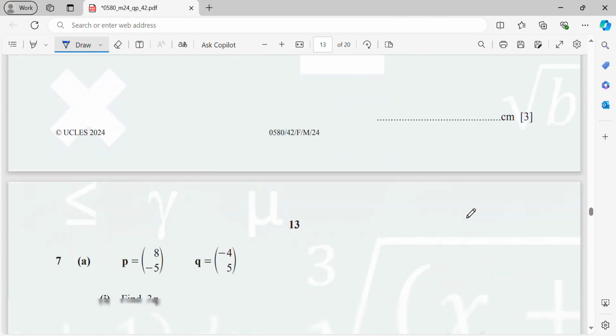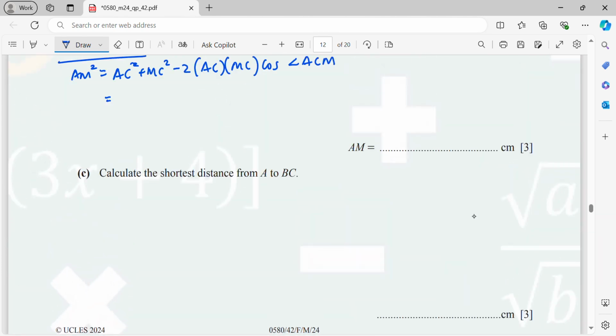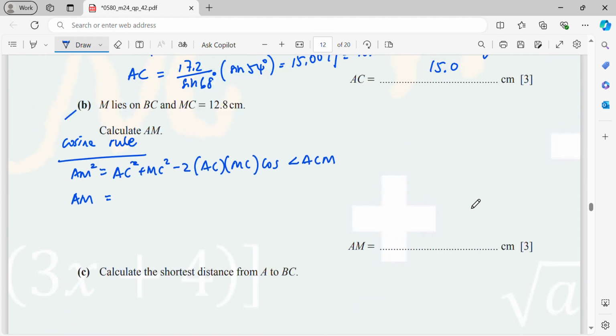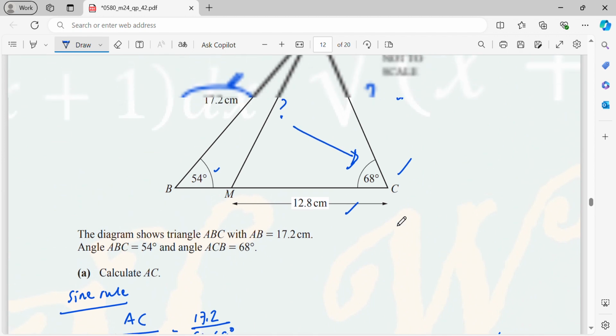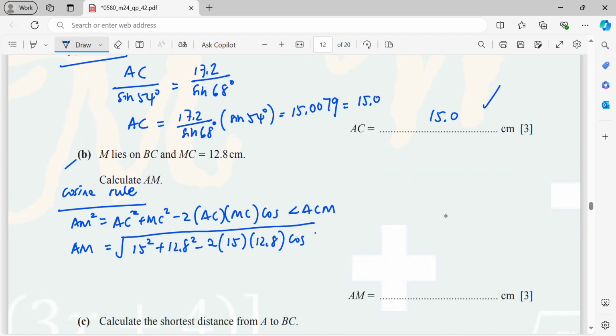Since the question is asking for AM, I will just take square root because I need to eliminate the square. So this is going to be 15 squared plus 12.8 squared minus 2 times 15 times 12.8, then cos angle ACM. ACM is 68 degrees. So this is going to be 15.6522, and at last that is 15.7 centimeters for the AM.